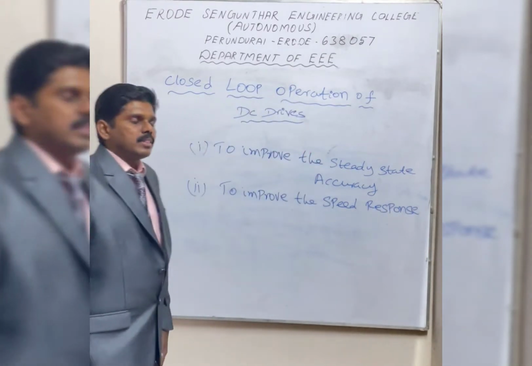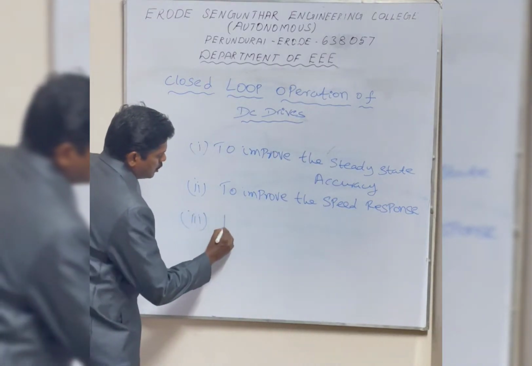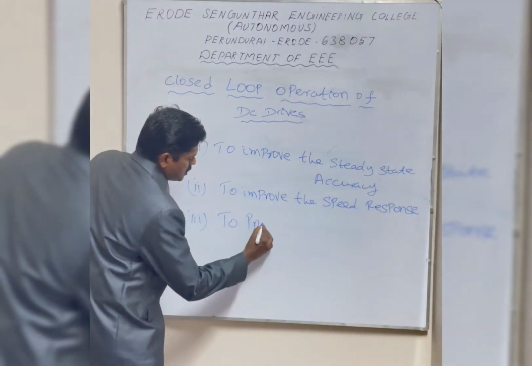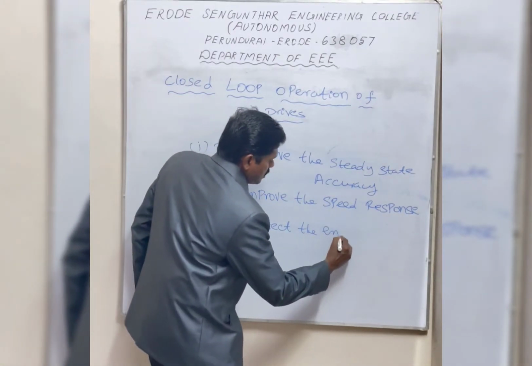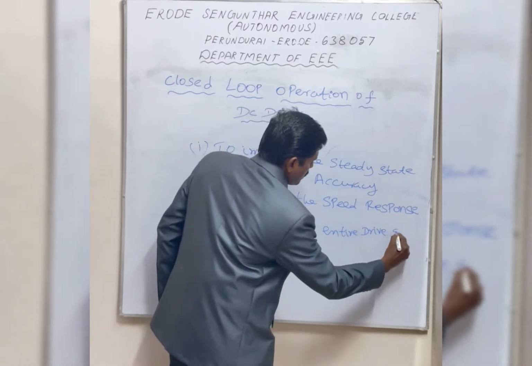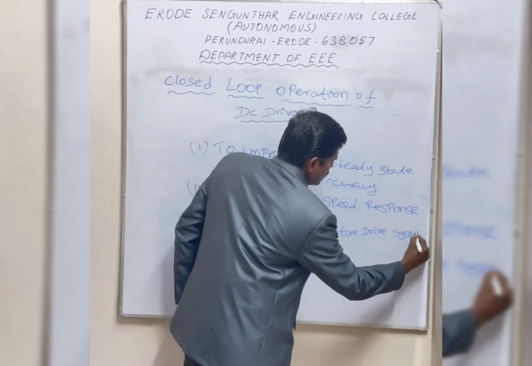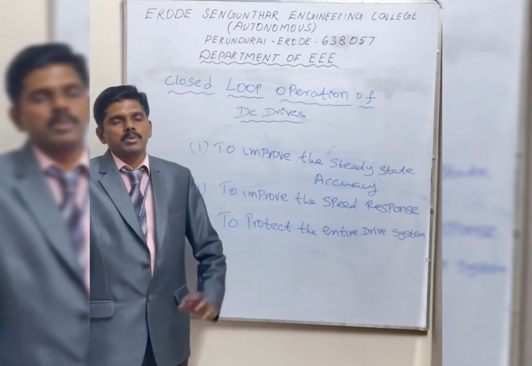And the third one, important for this drive, is protection. That is, protection is required, to protect the entire drive system. So these are the three important factors for going to the closed loop operation.